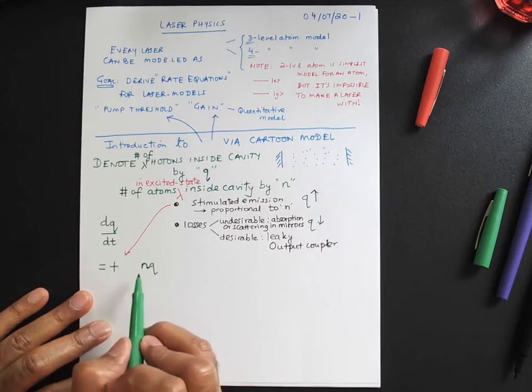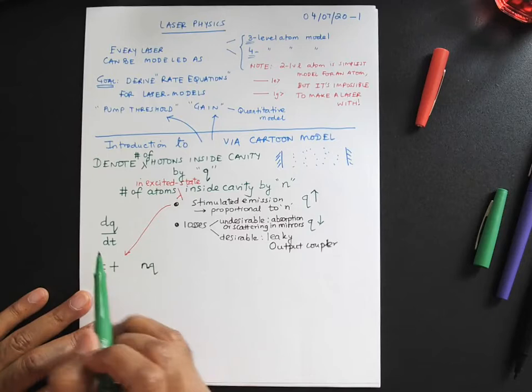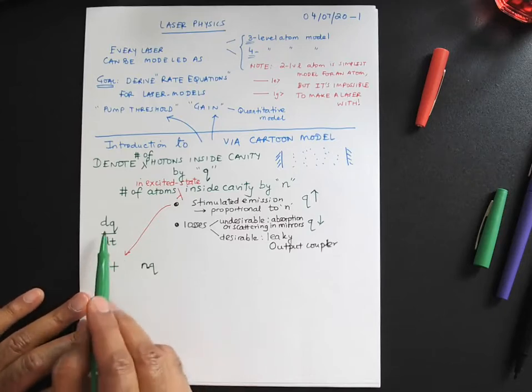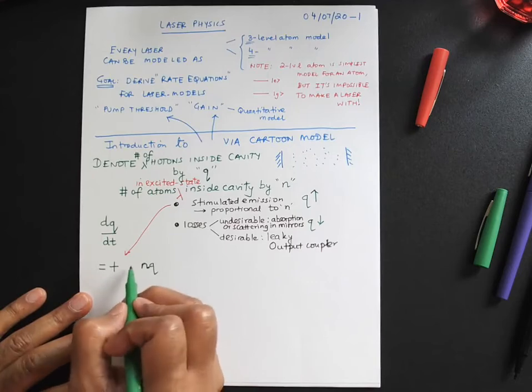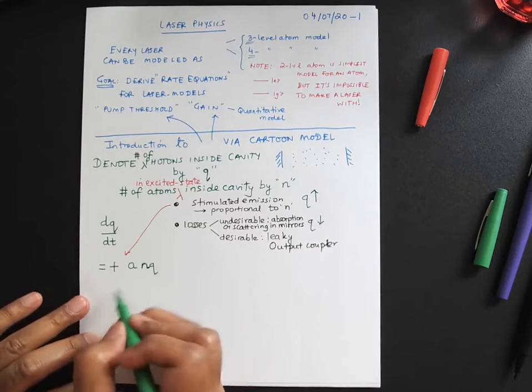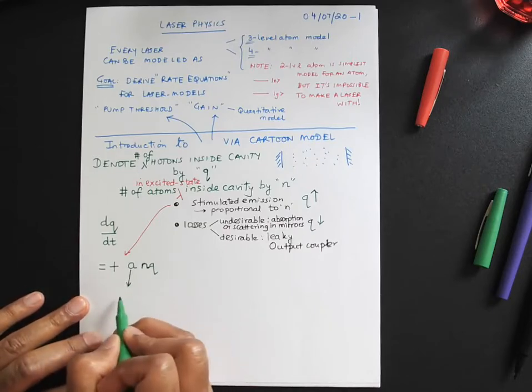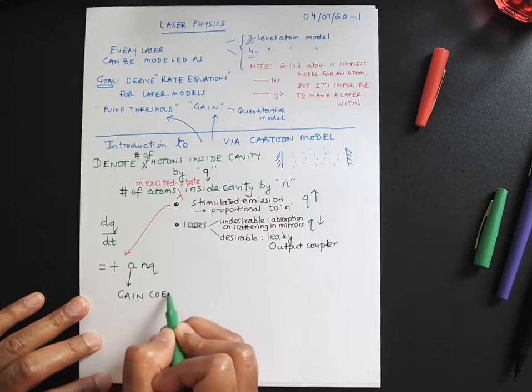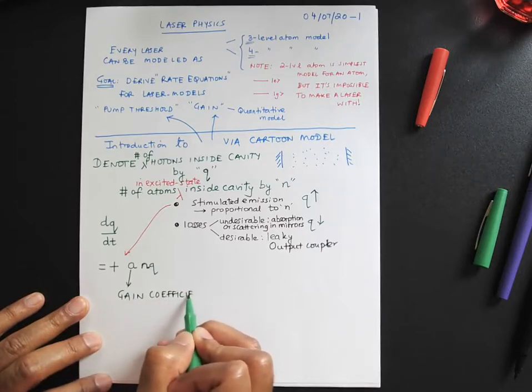But we also need to, this is more of a proportionality argument, right? That this is proportional to that. What I need to do to make it an equality is put in a constant. And this constant is actually called the gain coefficient, meaning how efficient are you?